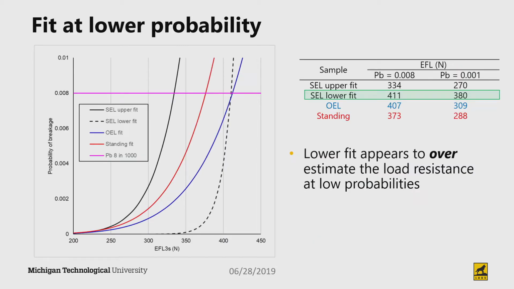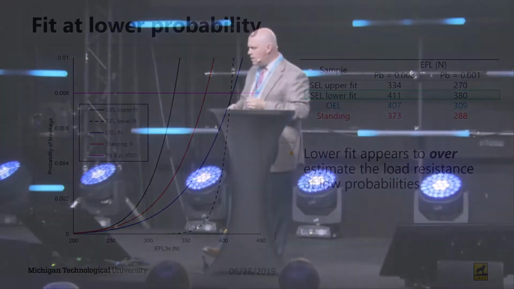But if we magnify this, remember we said that ASTM E1300 is built on this threshold of 8 in 1,000, or 0.008. What we notice here is that the solid black line was that original cut edge distribution, but it didn't really fit well at the bottom. If we use the secondary bifit, then we come up with this dashed black line.